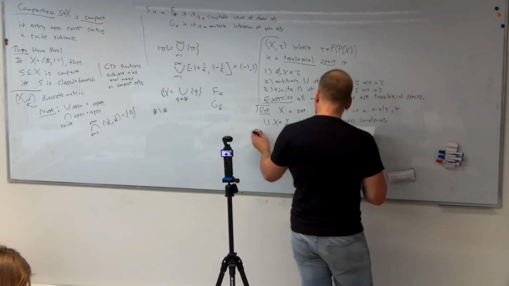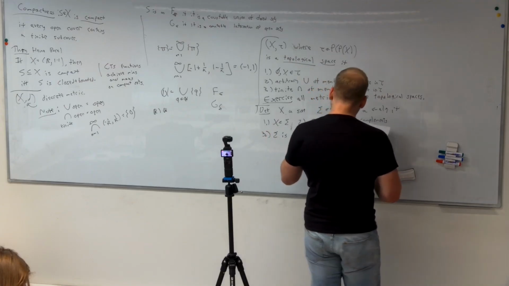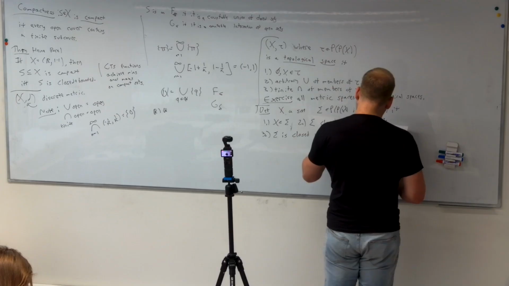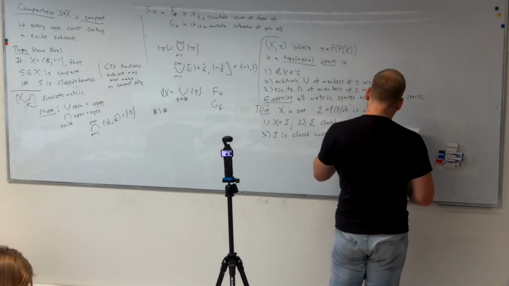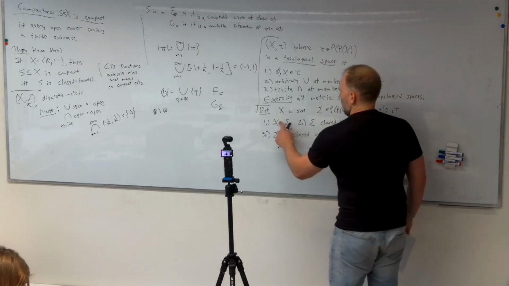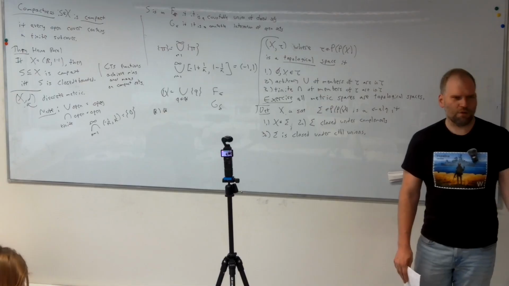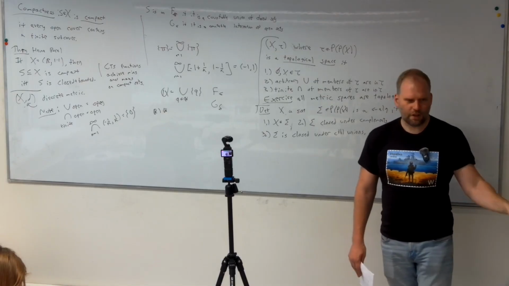And 3, sigma is closed under countable unions. There are some simple observations, like I just wrote that X is in sigma, but the complement of X, which is the empty set, will of course also be in sigma, and there's a bunch of stuff like that.